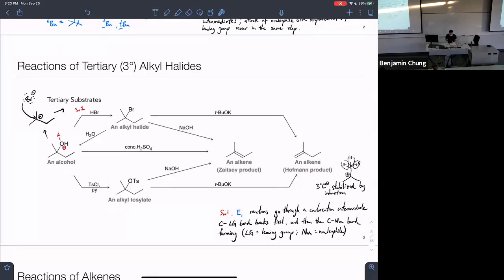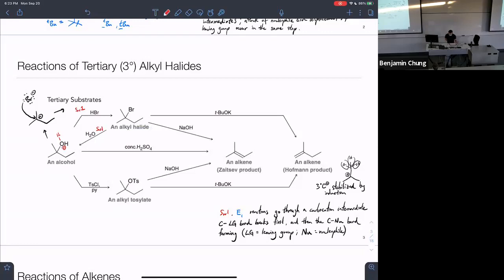How about the reverse reaction, if we react an alkyl halide with water to give that? Yeah, it is also an SN1 reaction.